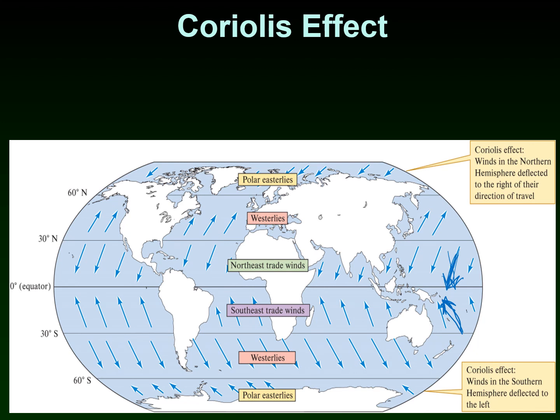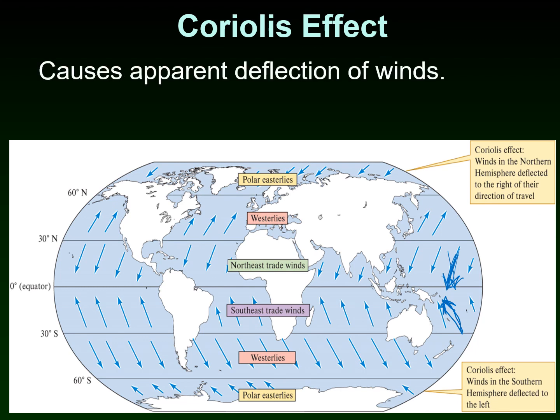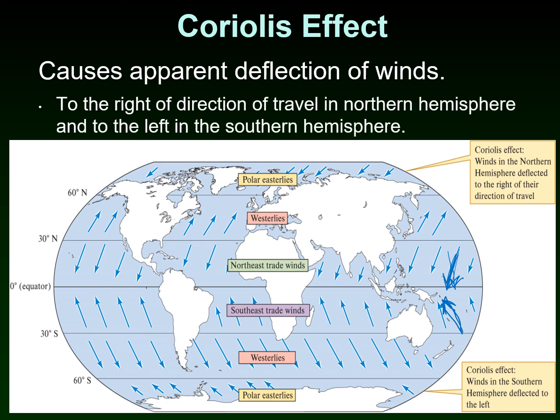This tilting is because the Earth is spinning underneath the air. So the air is actually going straight back, but to us it feels like it's going on an angle. And this is called the Coriolis effect. It's apparent from our perspective on the surface as a deflection of the wind. So they're deflected to the right in the northern hemisphere, and they're deflected to the left in the southern hemisphere.